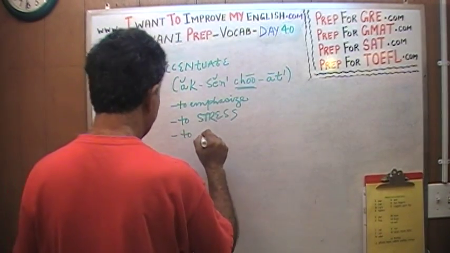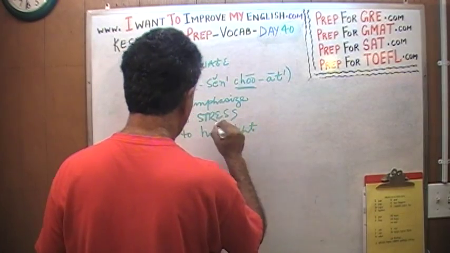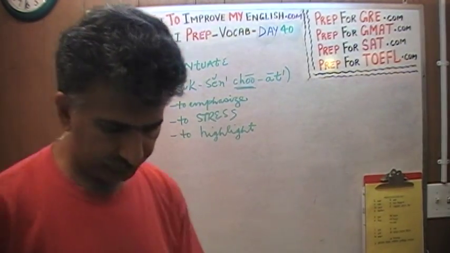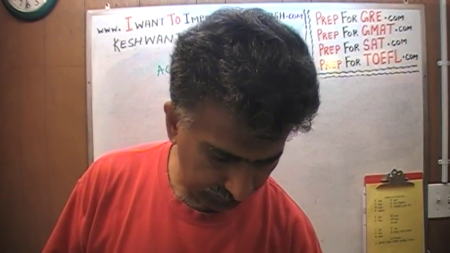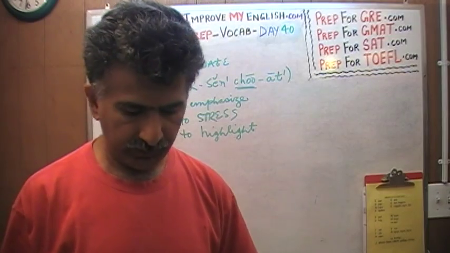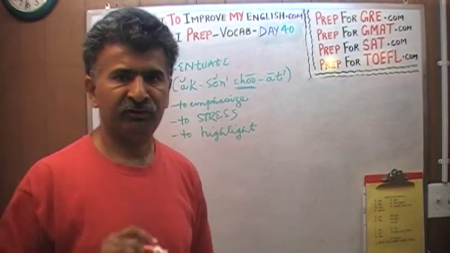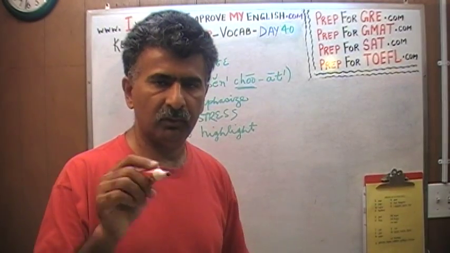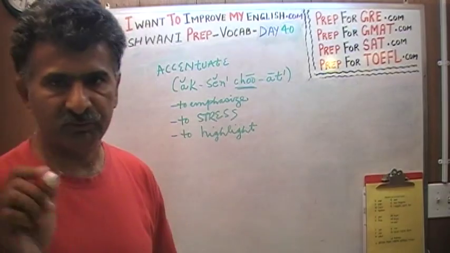To highlight. When you sit down with a highlighter, they are colored markers that you use to highlight the part that you're reading. Well, you're accentuating it. You're accentuating that portion of the text, whether it's a sentence or a paragraph or a word, whatever it is. When you highlight it, you're accentuating it, you're emphasizing it, you're stressing it.